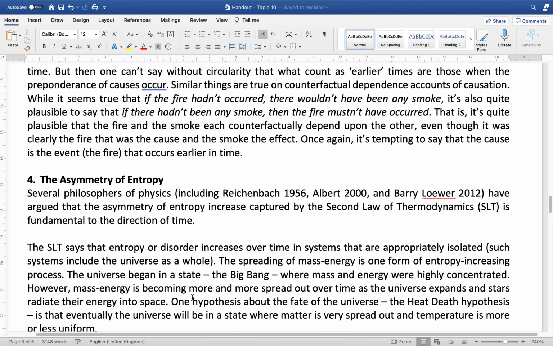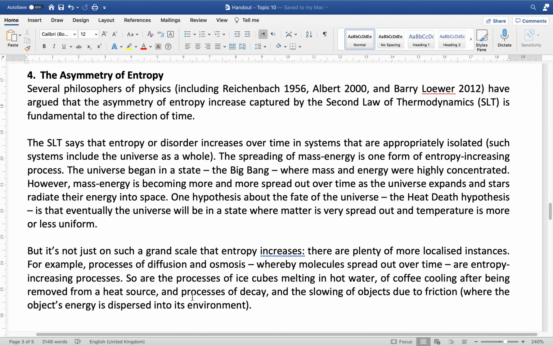So maybe there's another approach that appeals to something like the asymmetry of entropy. Maybe it can avoid some of these problems. And certainly it's been a reasonably popular recent approach.